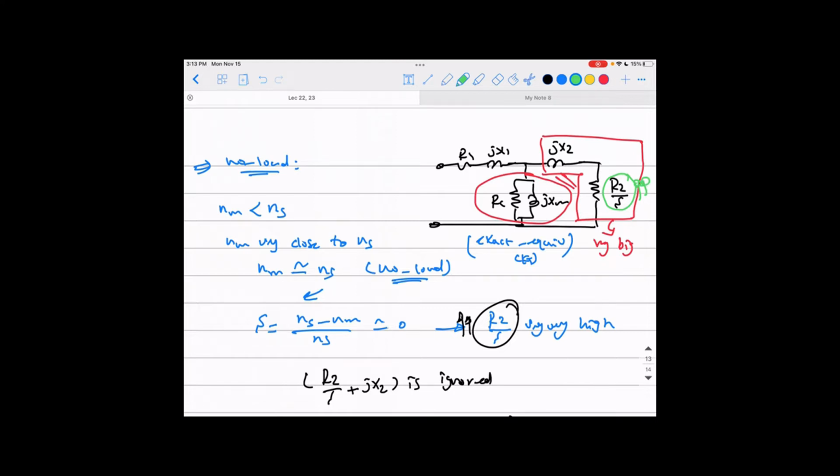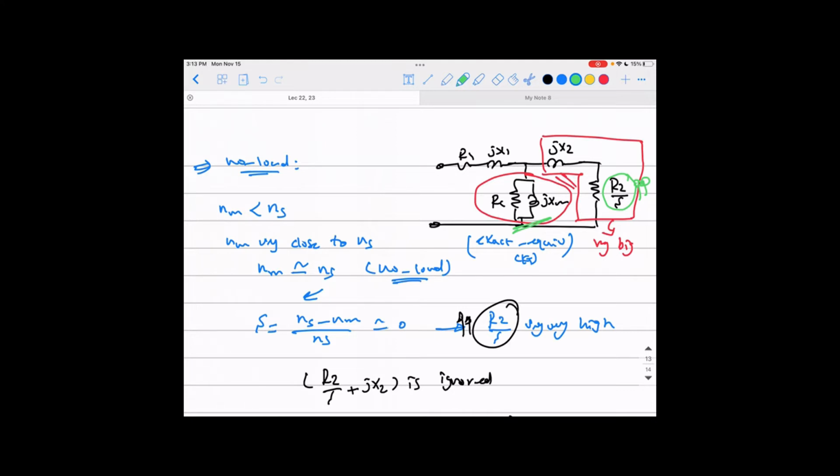And like we know, X2 and R2 over S, which is the rotor impedance, is in parallel with the core impedance RC and XM, which are by definition very high values. But still, now R2 over S is very, very high compared to those, and they are just connected in parallel.